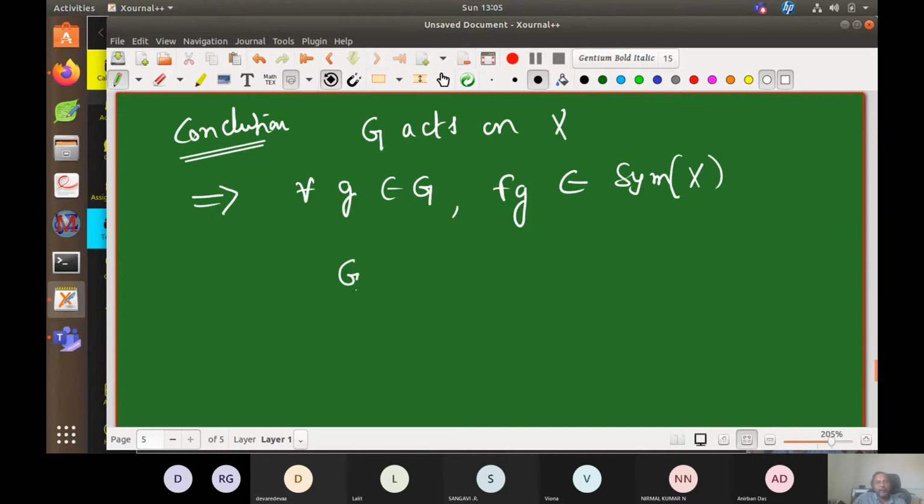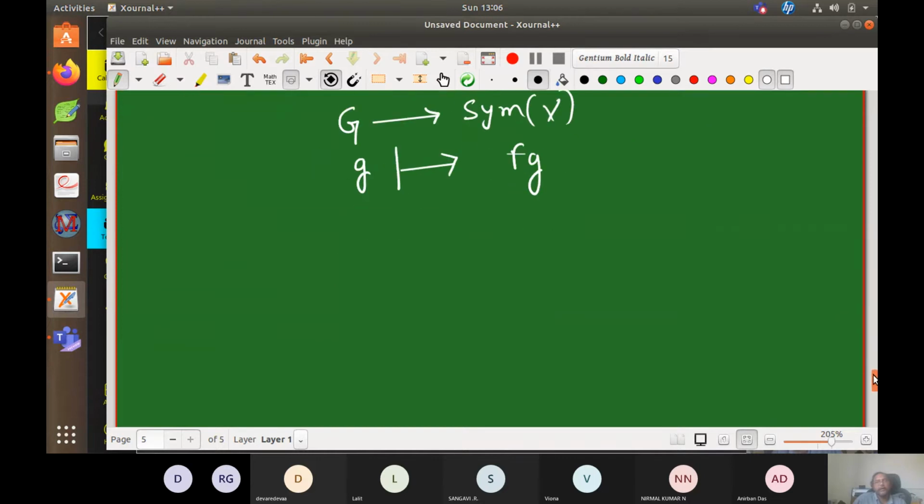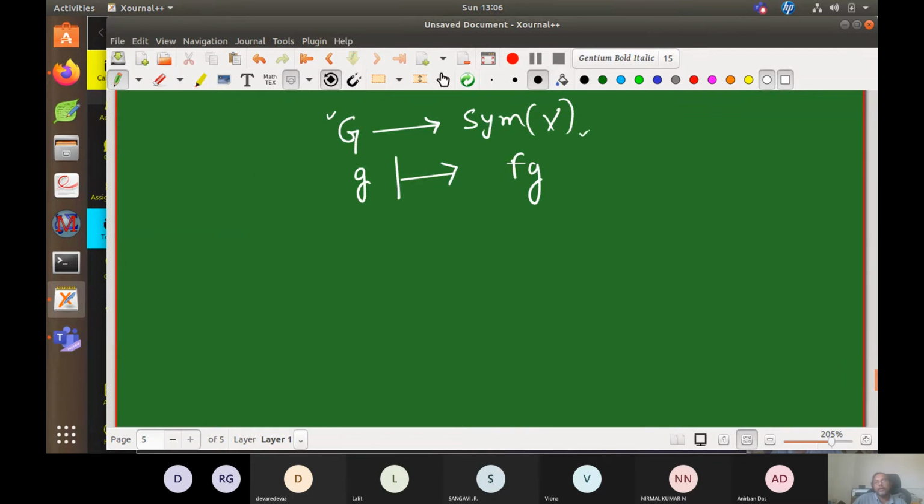So now can I define a map from G to the symmetric group of X? What is the map I can take? G going to Fg, right? So natural. Now we know that G is a group and the symmetric group of X is also a group. So what are the natural questions that come to us?